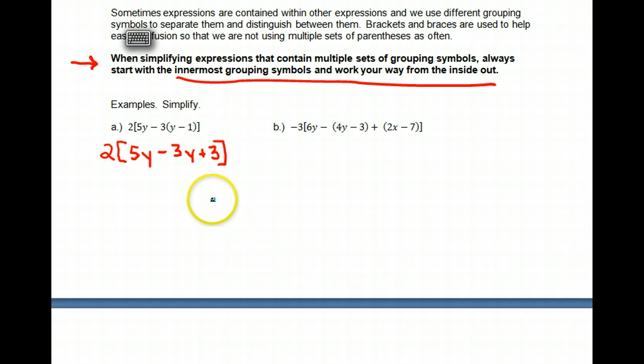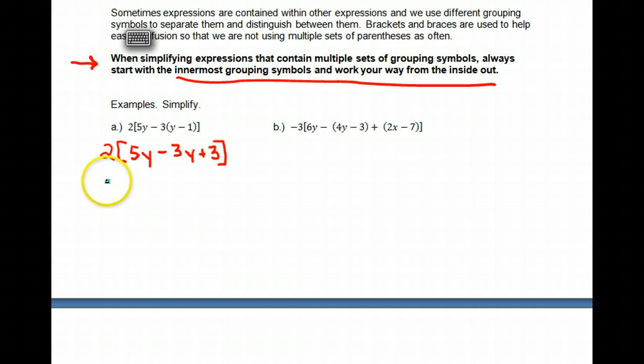At this point, you check to see if you can combine like terms. Every single time that you distribute and simplify a line, your next step is, can I combine any like terms to make my math simpler? And it just so happens that we can. We can combine the 5y and the negative 3y.